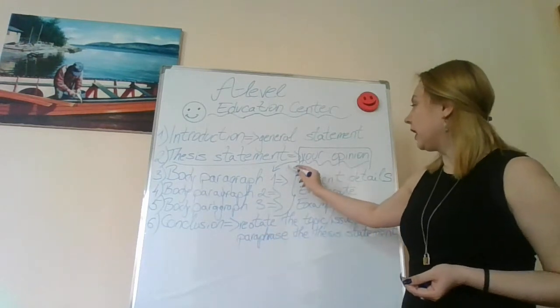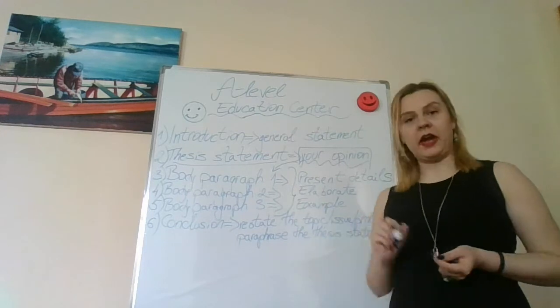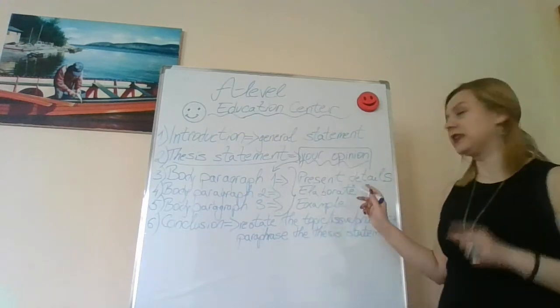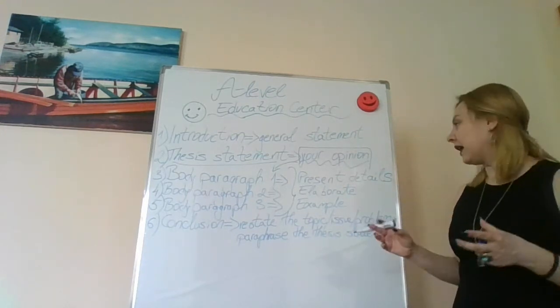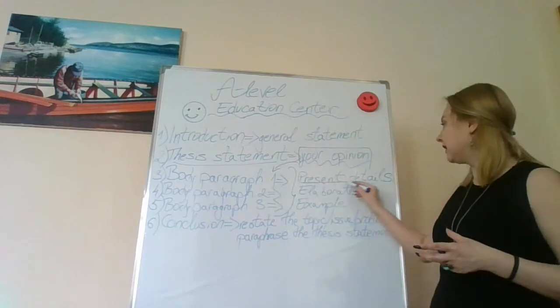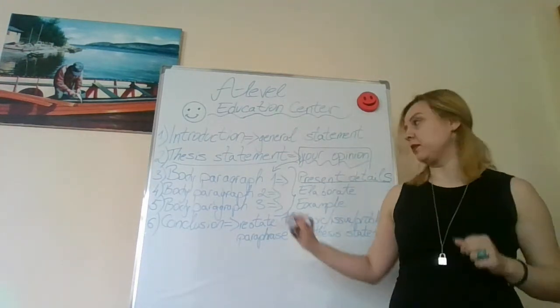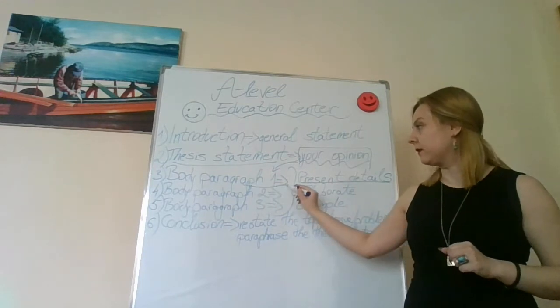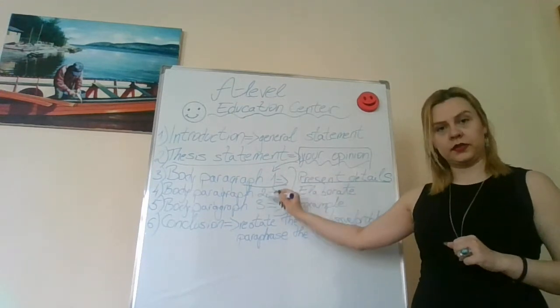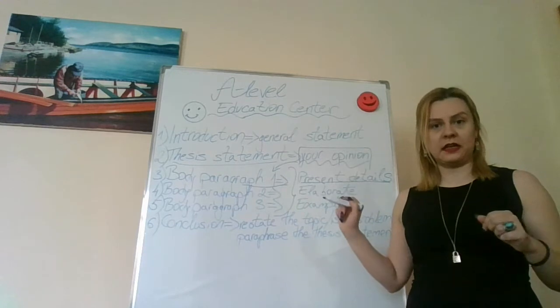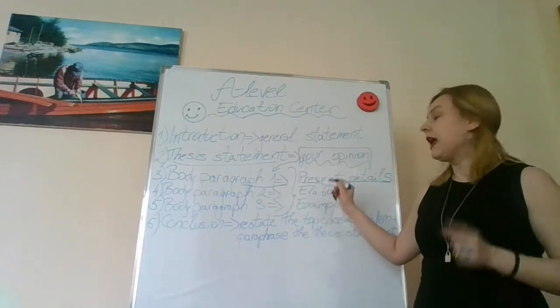Each of these paragraphs will have the same components, because you will present details of the first argument in the first body paragraph, details of the second argument in the second body paragraph, and so on.